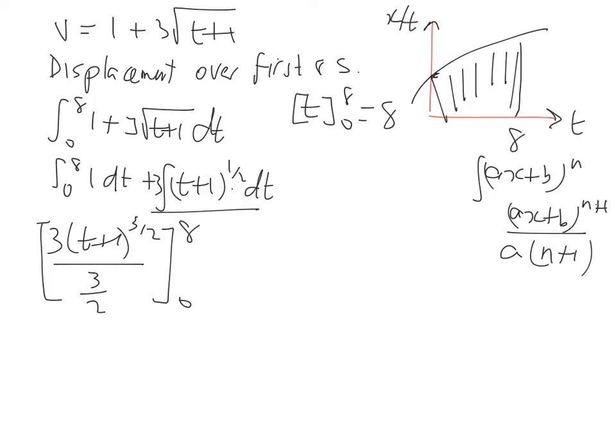So then we'll substitute some values in. Firstly, we'll simplify this. We have 3 times 2 over 3 times t plus 1 to the power 3 over 2, between 8 and 0.